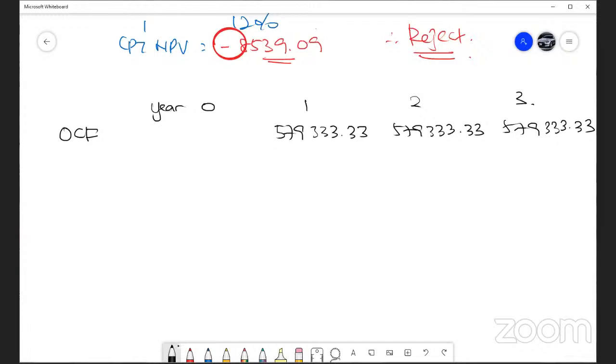The only new thing now is in year 0, you have the initial investment, 1.4 million money outflow, and your net working capital now of $285,000.